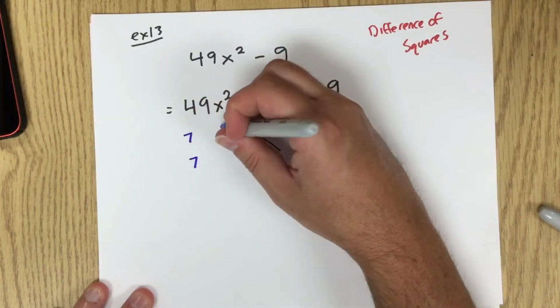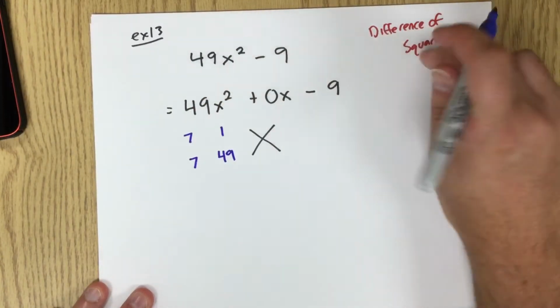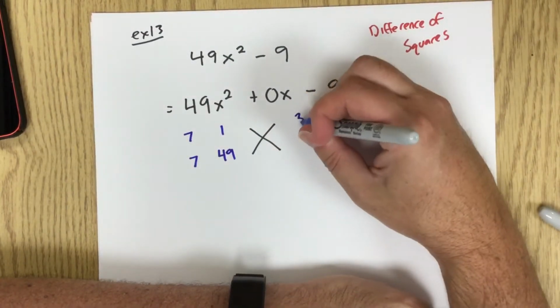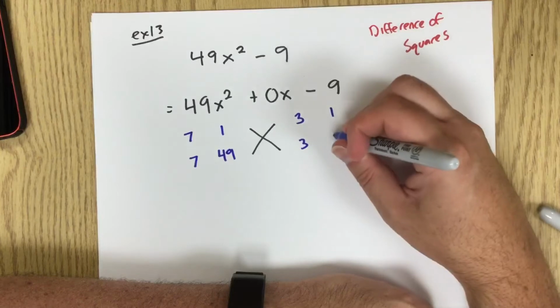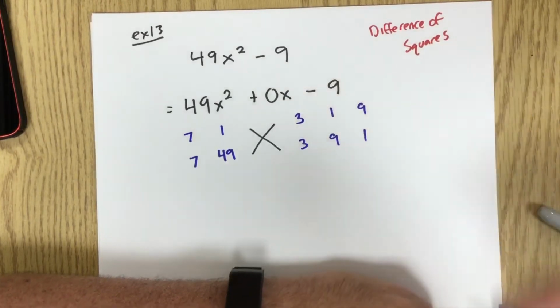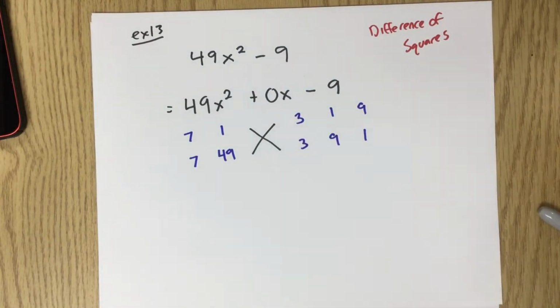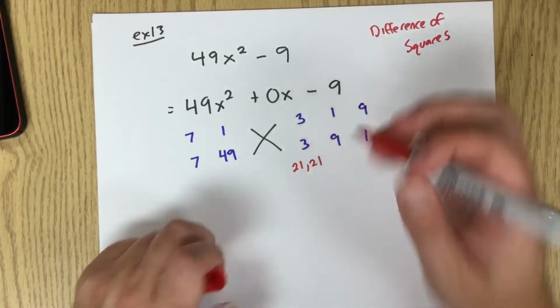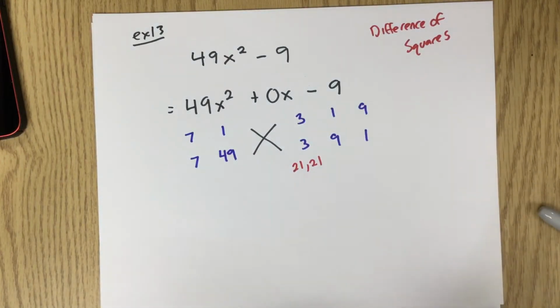And it turns out that because it's a difference of squares, it's always going to be when the numbers are the same. So I'm going to be smart about it and put the numbers that work first. So 7 times 3 is 21, 7 times 3 is 21, and what do you know? That works.